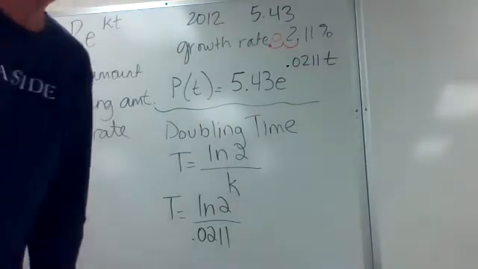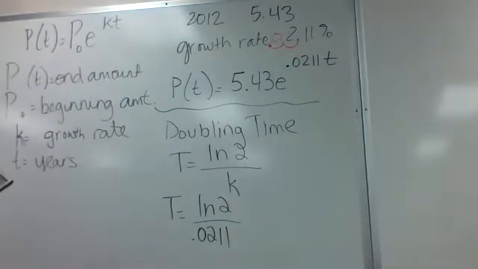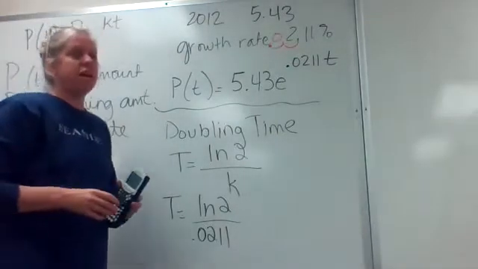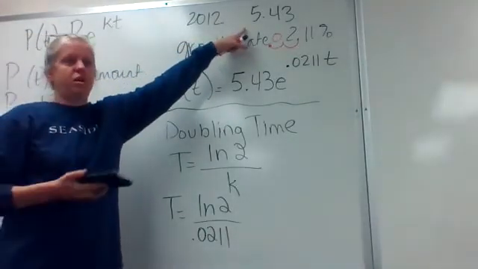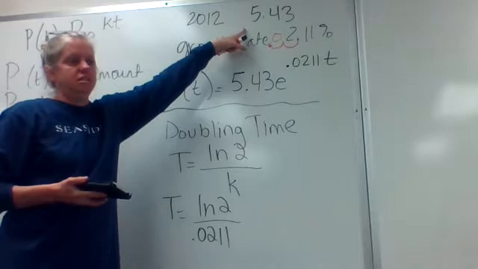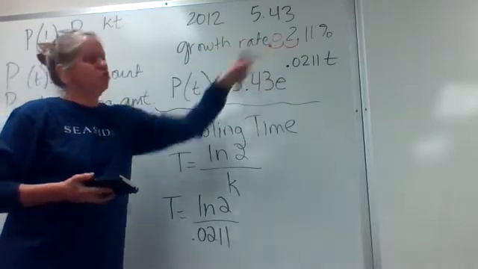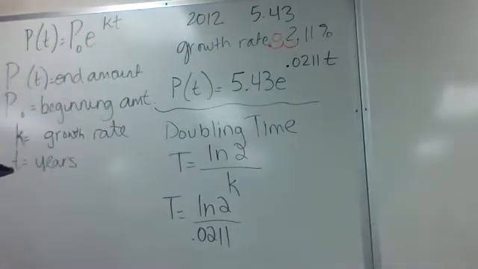And we're going to round this. So this is going to tell me how many years it's going to take the population to double from 5.43 to whatever double that is, if it's growing at 2.11%. So ln of 2, close it, and then divide that by 0.0211 and round it to one decimal place.